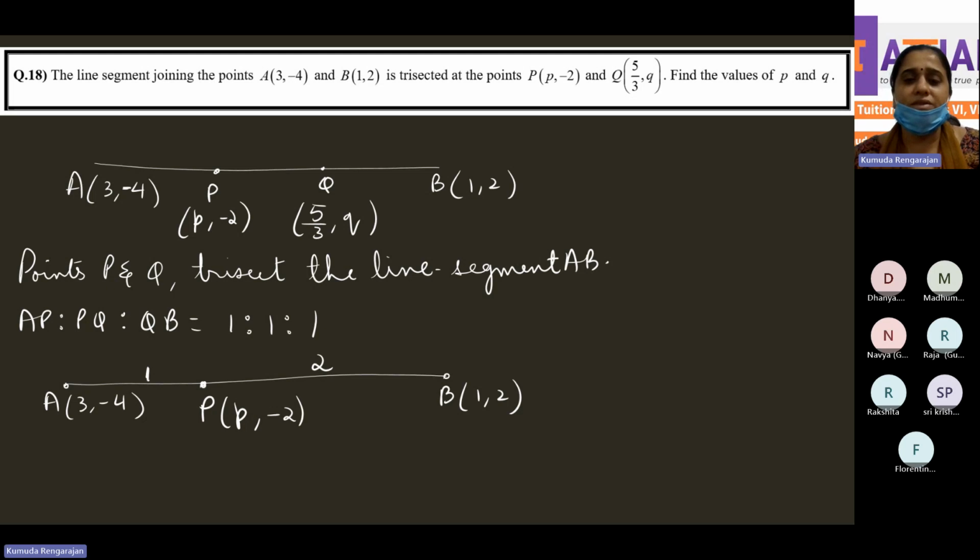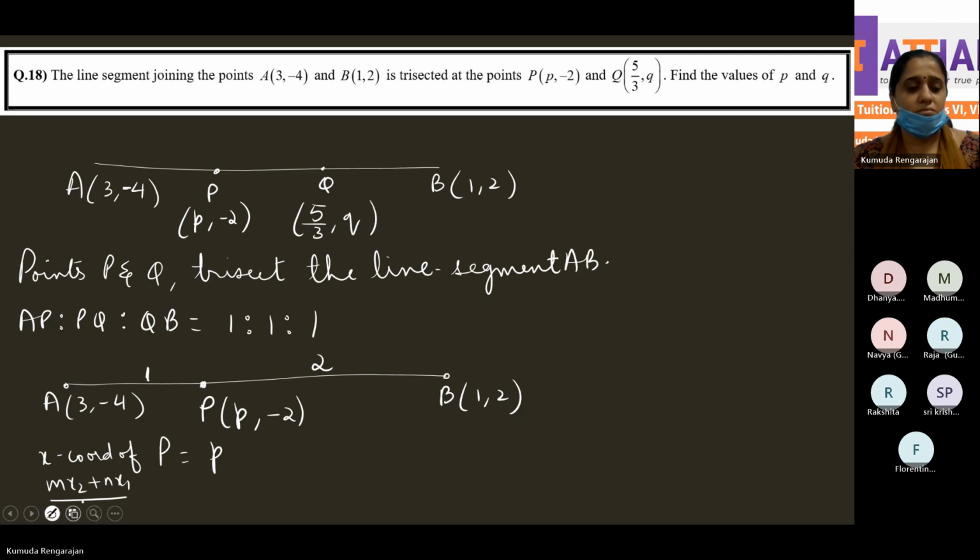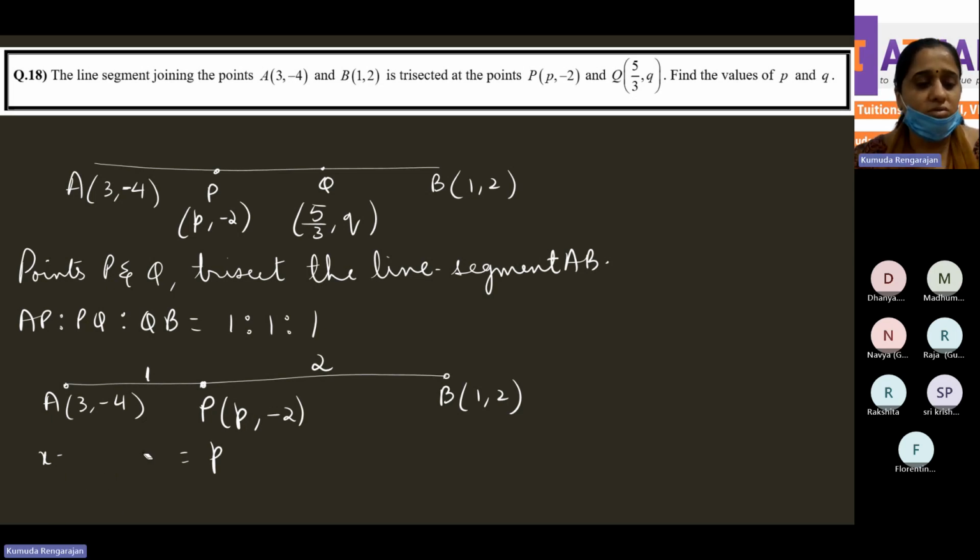How will you find that? mx2 plus nx1 by m plus n. Do it in the next slide.